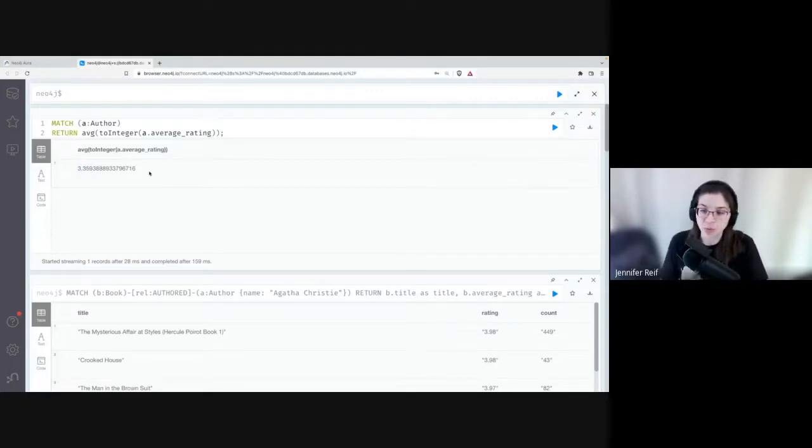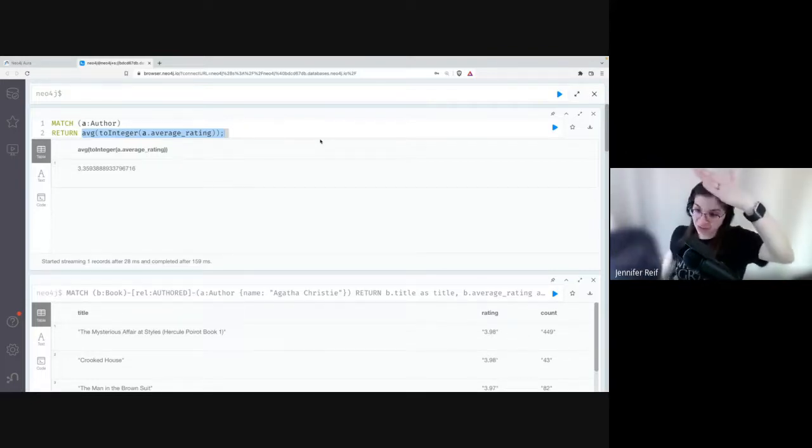This is not a good query for graph because I'm not using any relationships. I'm grabbing authors and calculating an average based on a property on that author. A relational database is optimized to handle this query because you're on one table, averaging up a single column based on all of the values in that column.